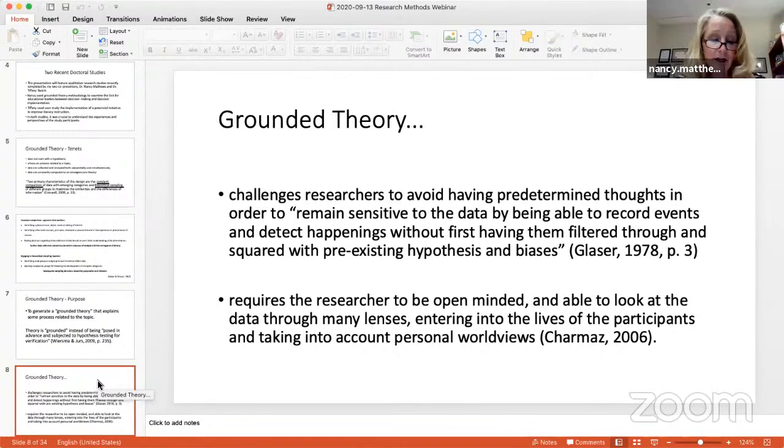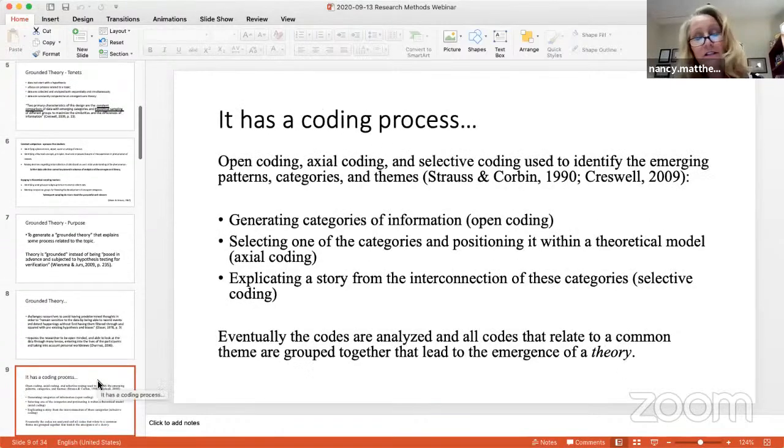Further to that, from Charmaz, it does require that the researcher be open-minded and be able to look at data through many lenses, that is entering into the lives and taking into account personal worldviews of the participants. And again, that is something that I appreciated about grounded theory.